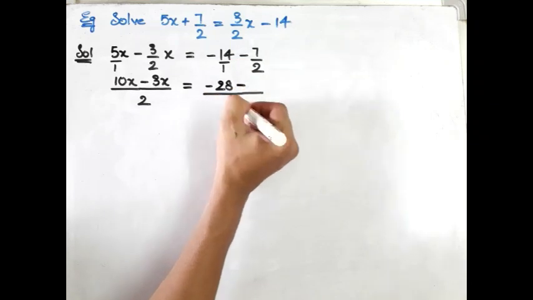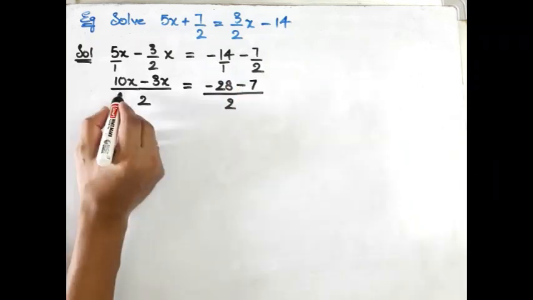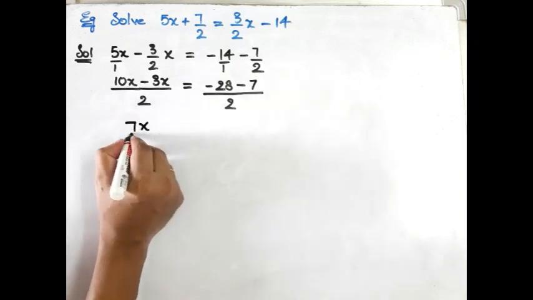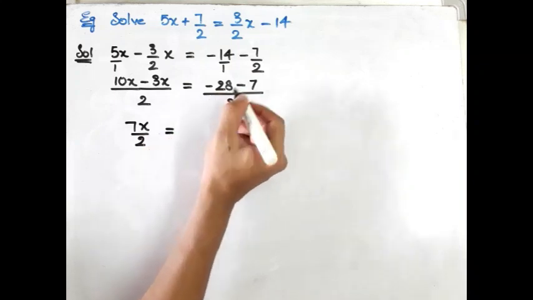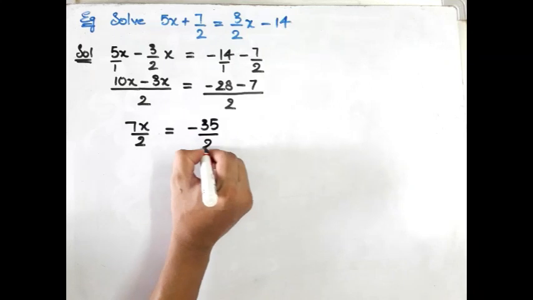Minus 2, how many times is 2? 1. 1 into 7, 7. So now 10x minus 3x, 7x by 2, is equal to minus 28 minus 7, minus 35 by 2.